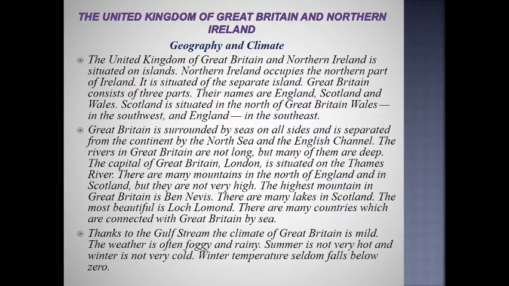There are many mountains in the north of England and in Scotland, but they are not very high. The highest mountain in Great Britain is Ben Nevis. There are many lakes in Scotland. The most beautiful is Loch Lomond. There are many countries which are connected with Great Britain by sea.